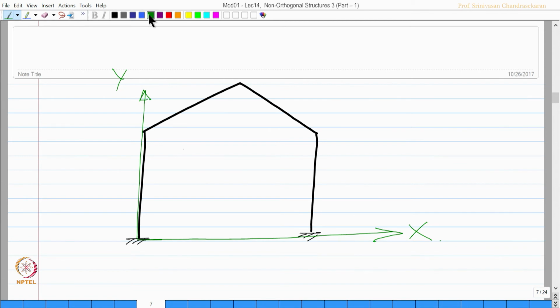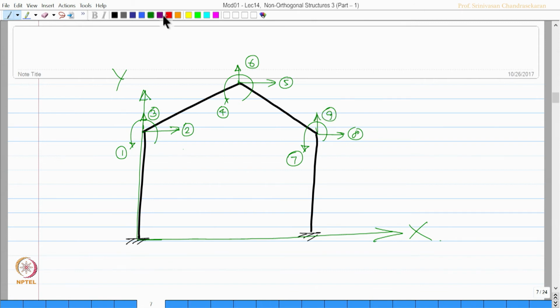So, I am marking the unrestrained degrees: 1, 2, 3, 4, 5, 6, 7, 8 and 9.